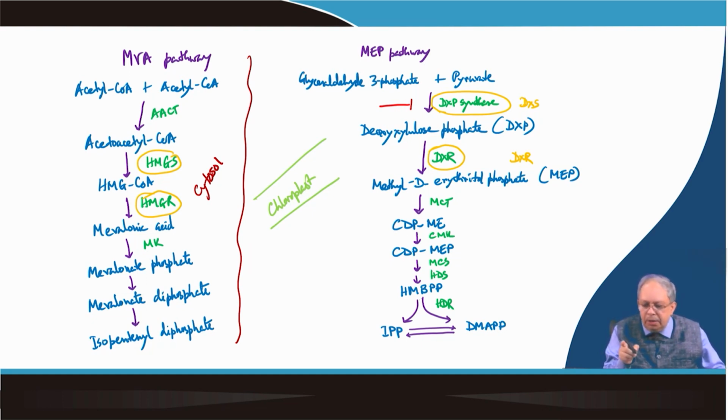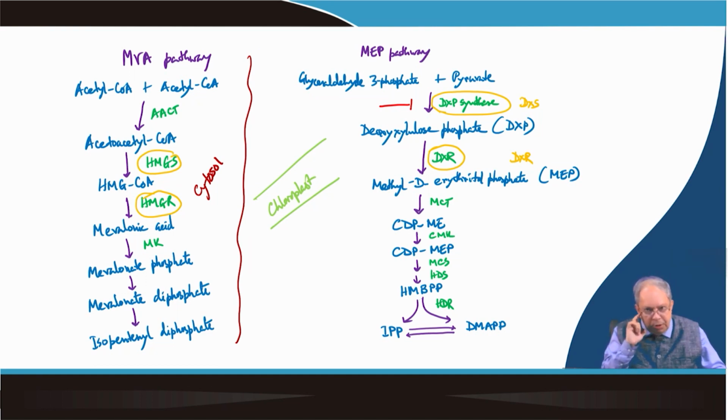That basically inhibits the DXS, and this is used as one of the alternative antimalarial drugs, because as I said the MEP pathway operates only in protozoa. So, the Plasmodium, the causal organism, is a protozoa. So, giving an inhibitor of the MEP pathway is basically blocking the metabolism and eventually the parasite will die. So, that is the beauty.